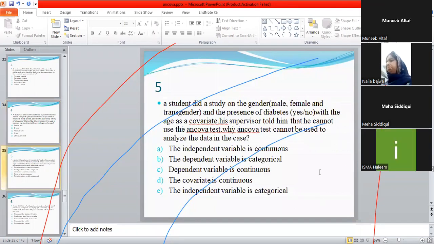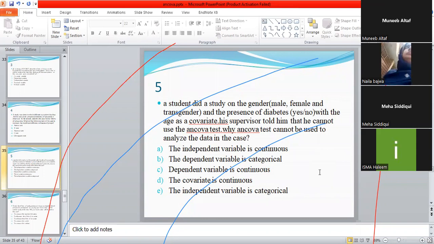Question number 5. A student did a study on the gender, male or female or trans, and the presence of diabetes, yes or no, with the age as a covariate. His supervisor told him that he cannot use the ANCOVA test. Why can the ANCOVA test not be used to analyze the data in this case? The independent variable is continuous, the dependent variable is categorical, the dependent variable is continuous, the covariate is continuous, and the independent variable is categorical.